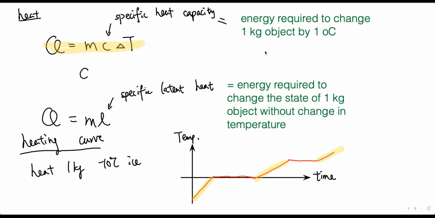And mL is for the part when the object changes its state, when the temperature is kept constant. I think it's not difficult at all because you have also learned it in Form 3. So this is the path from solid to liquid, liquid to gas, and then gas.